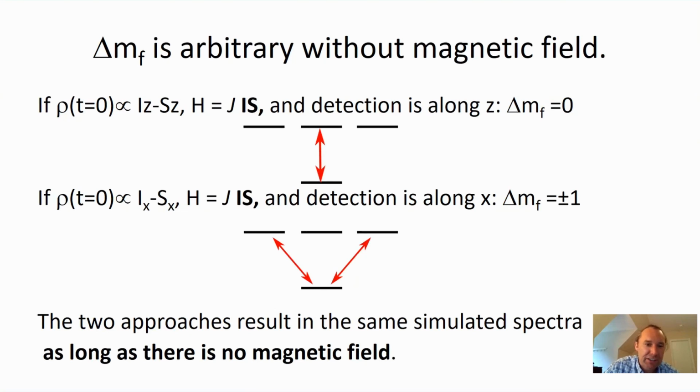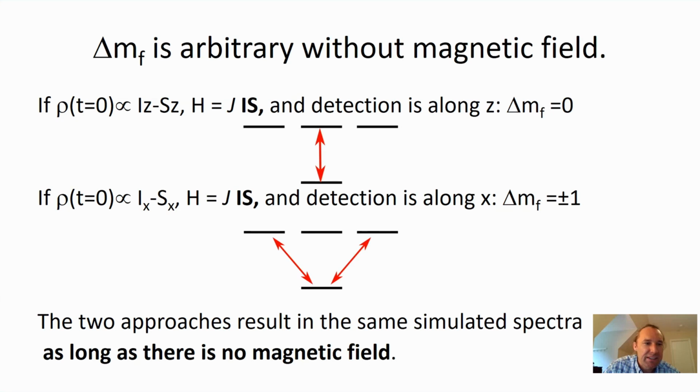Whether you paint the picture like in the top, where you have transitions between, say, the singlet in the middle and T0, which is how I depicted it when I said we have IZ minus SZ, or like in the bottom, where you have transitions to the other lines, the frequency doesn't change if there's no magnetic field, right? So what is the difference between these two pictures?